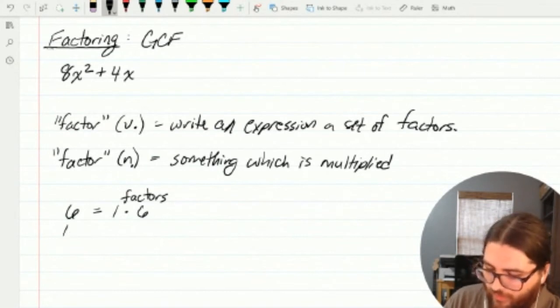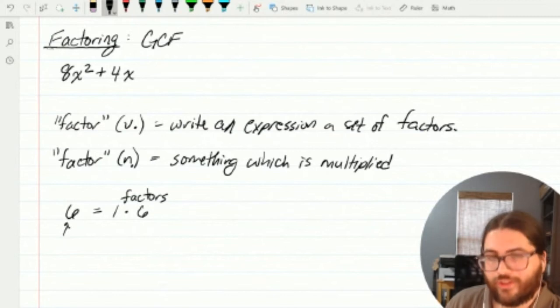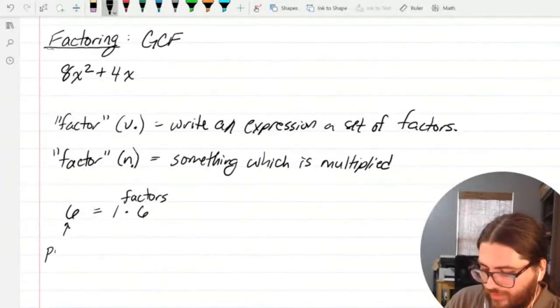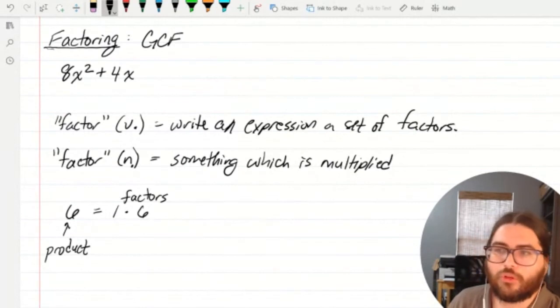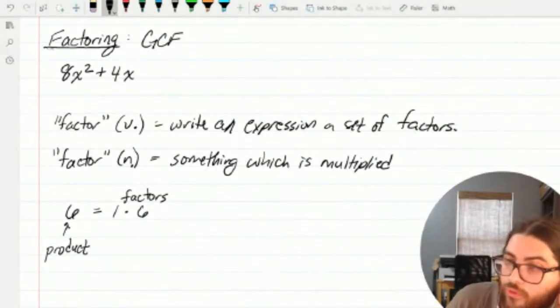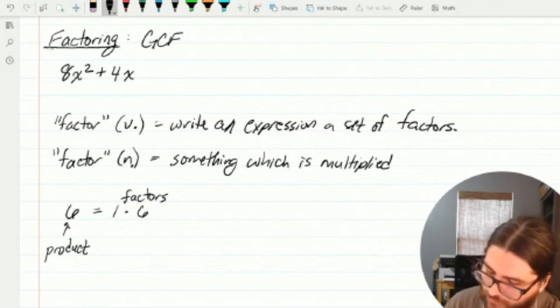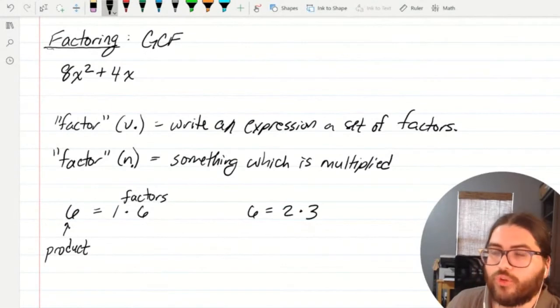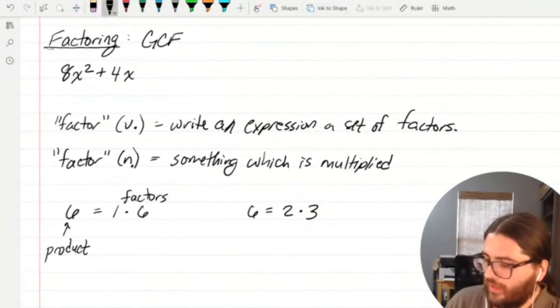If you are more familiar with your math vocabulary, you might recognize the word that I use to describe the answer of a multiplication is product. And so factors are multiplied together to make a product. Not always 2, but in this case 2. Certainly the same product, 6, can be found with different factors, 2 times 3.